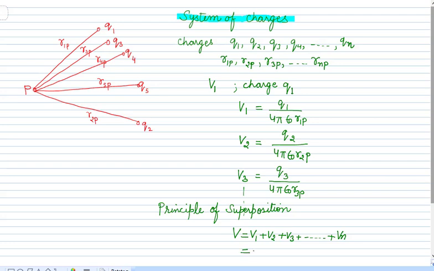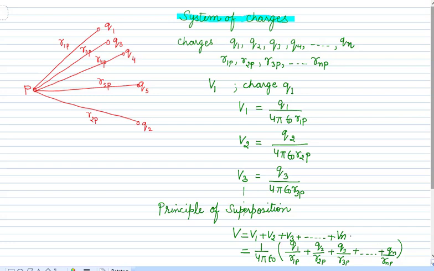Now simply putting in the values, we have 1 upon 4 pi epsilon naught, and inside the bracket we have Q1 upon R1P plus Q2 upon R2P plus Q3 upon R3P, and so on up to the nth, Qn upon RnP. So this is the total electrostatic potential.